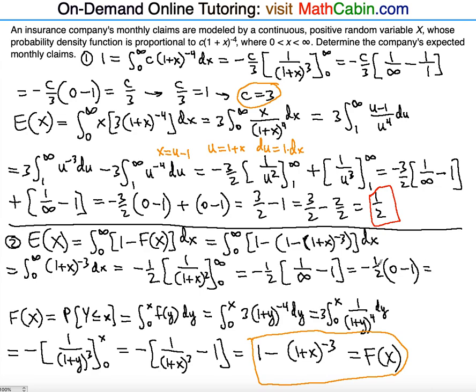Negative 1/2 times negative 1 is positive 1/2. Look what happened: you arrive at the same expected value as in the first method by understanding how to use this formula and when it's valid. It's only valid when you're going from 0 to infinity and you're talking about a non-negative random variable x. Always non-negative. That's the only way this is valid.